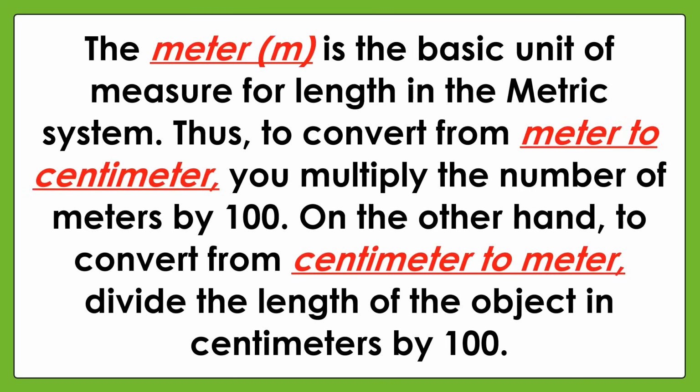The meter or M is the basic unit of measure for length in the metric system. Thus, to convert from meter to centimeter, you multiply the number of meters by 100. On the other hand, to convert from centimeter to meter, divide the length of the object in centimeters by 100.